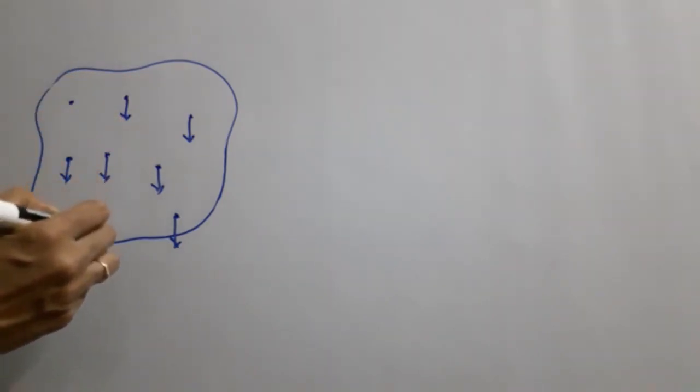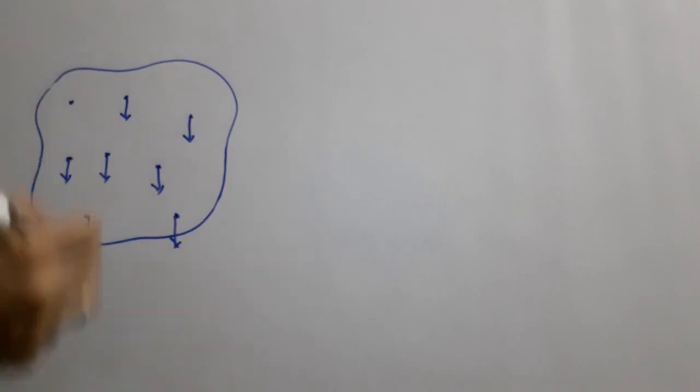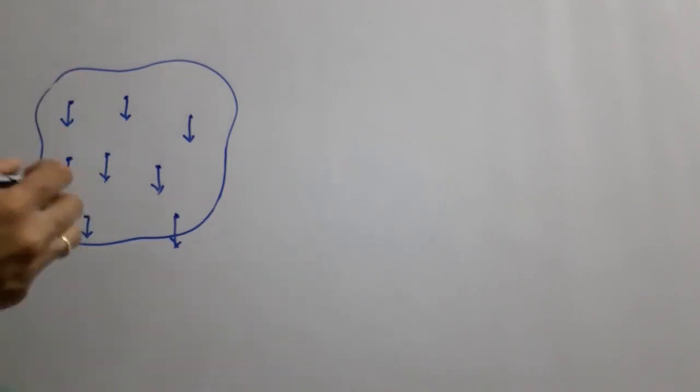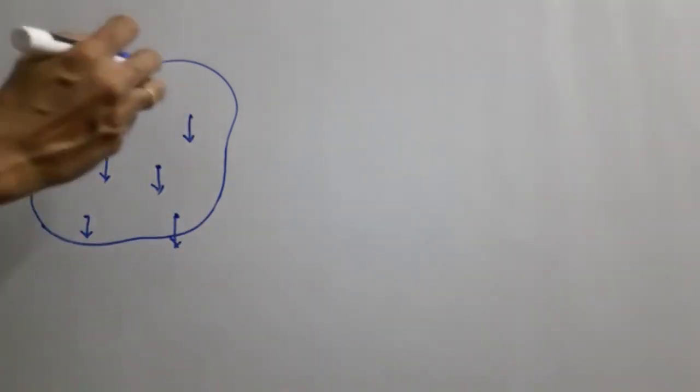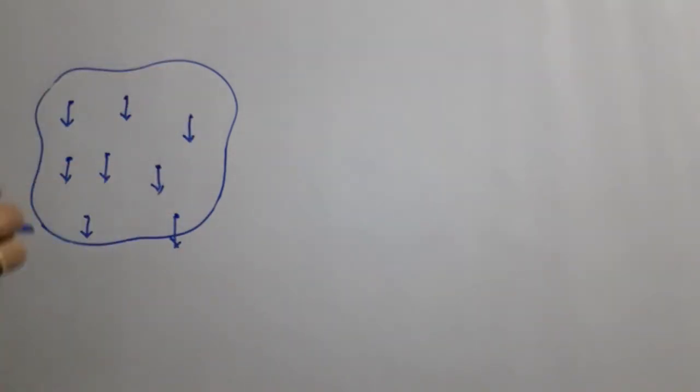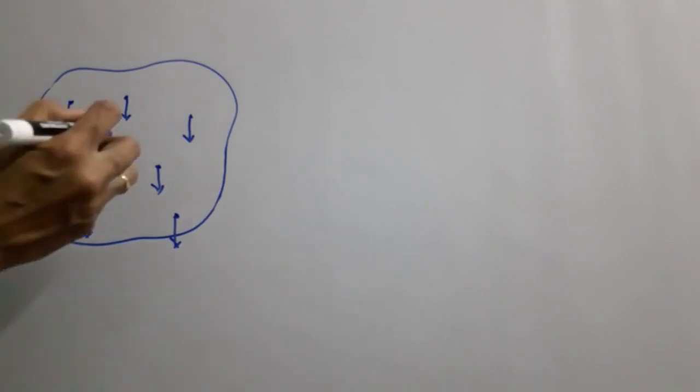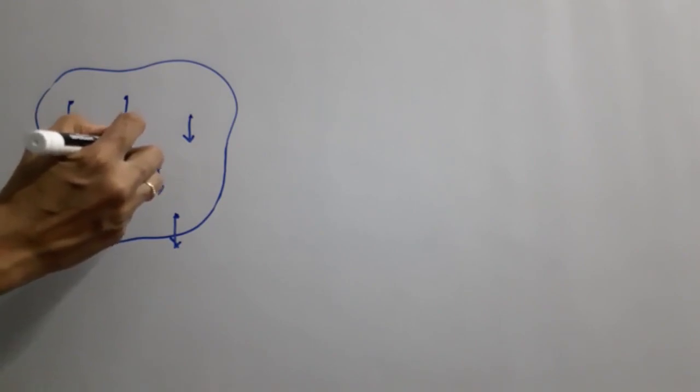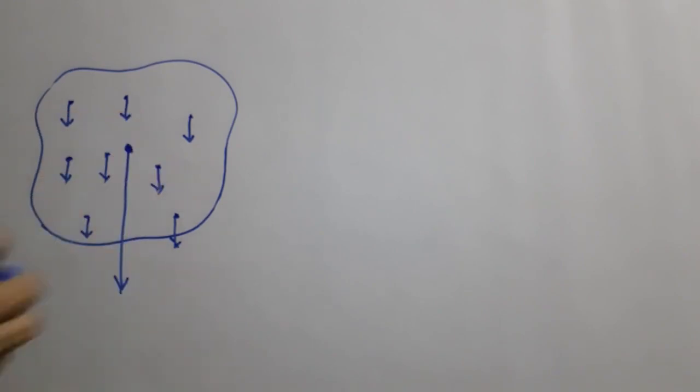Weight is nothing but the force with which the particle is attracted towards the center of Earth, right? Now, if I add up weight of all the particles, then I will get the weight of whole object, right? The question is, at which point is this weight of whole object acting? That point is called as center of gravity.